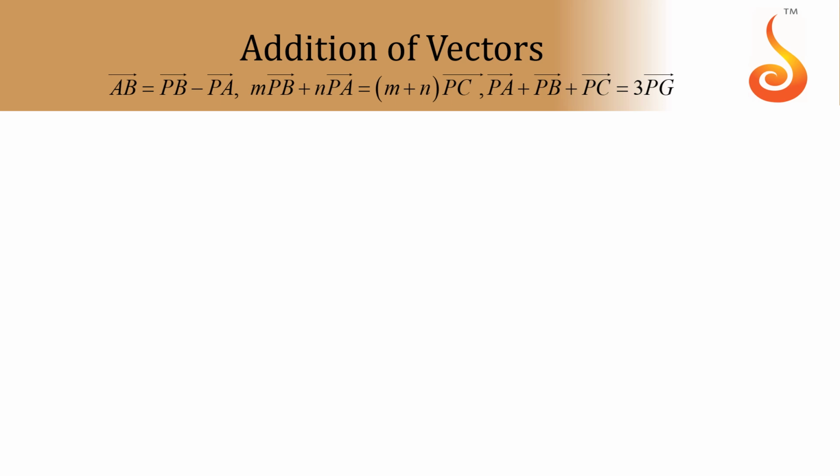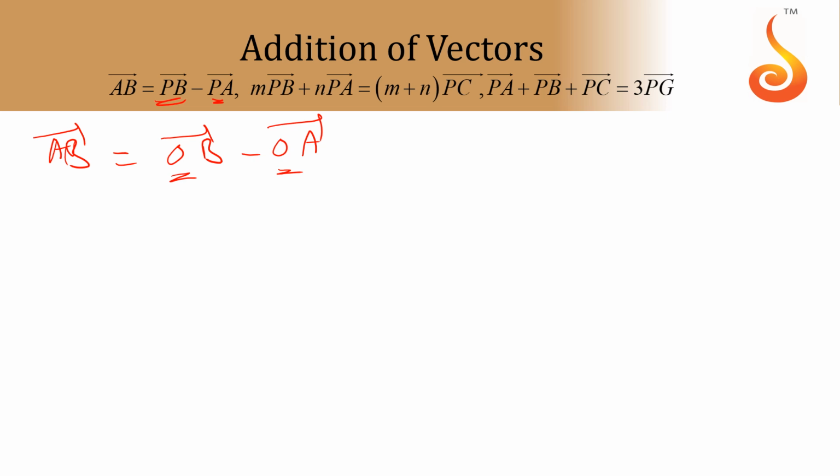Let us discuss addition of vectors. See here, the things which I wrote are not great things, but they are very useful. Generally, when we do AB bar, we take the origin as the base point. But remember, in place of the origin, you can take any point.